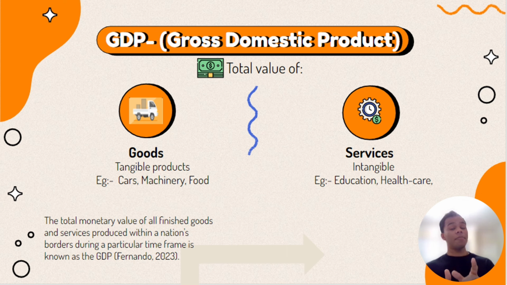And mind you, by goods I mean those that are tangible, which can be seen to the naked eye, touched or felt. Examples could be cars, mobile devices and laptops. And on the other hand, services are those that are intangible, which we cannot see, touch or feel. Examples would be accountancy, the healthcare sector and education.